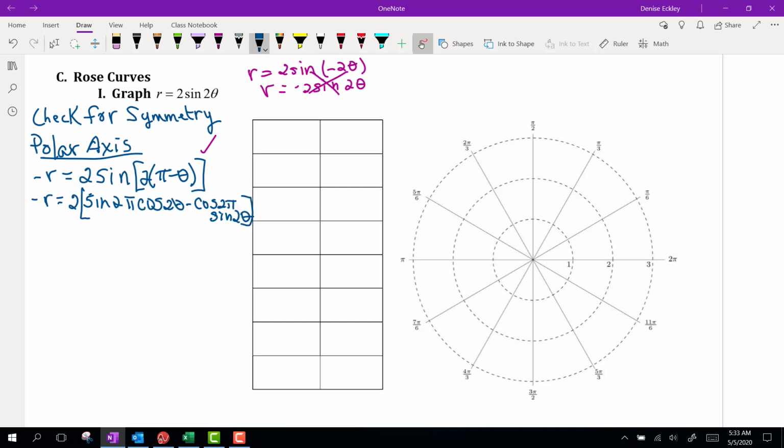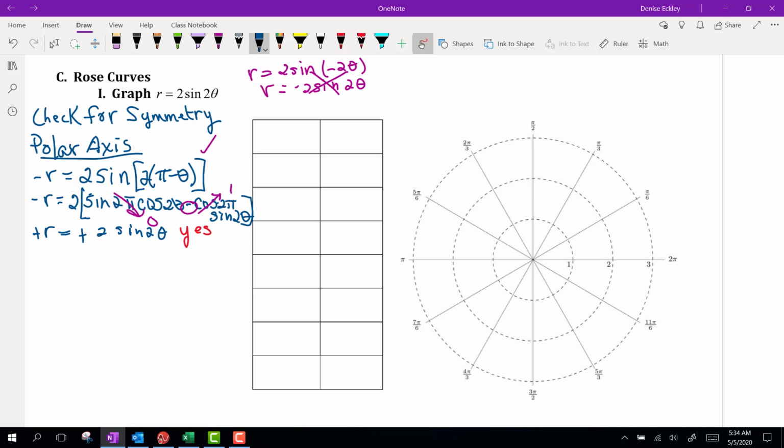The first term goes to 0, so I'm left with negative r equals, and this is 1, so I have a negative here, so I get negative 2 sine 2 theta. So these minus signs can go away, so this is a yes. So we do have polar axis symmetry.